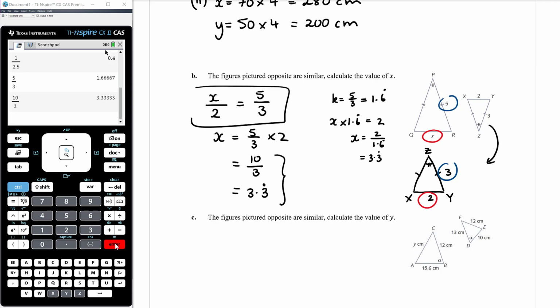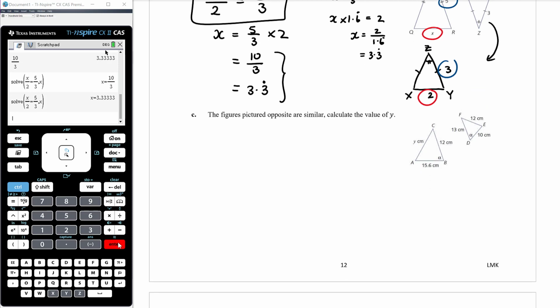If you're not comfortable with the solving process, again, you've always got a CAS in Further Maths. Get your CAS to solve it for you. Solve x divided by 2 equals 5 divided by 3 for x, enter, 10/3. Control enter, 3.3 recurring. So just set it up using the ratios. This side length divided by its corresponding side length equals another side length divided by its corresponding side length, and then you've got an equation that can be solved.